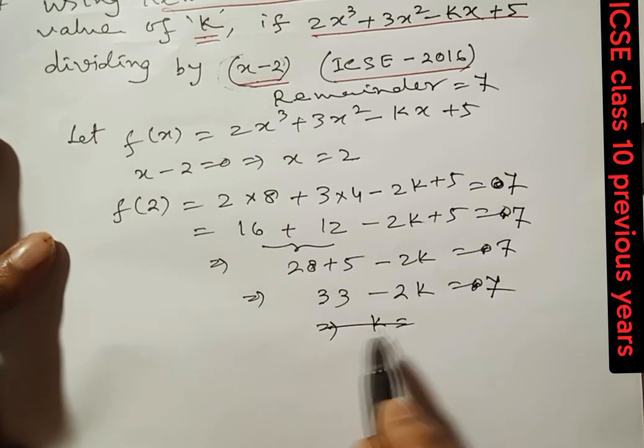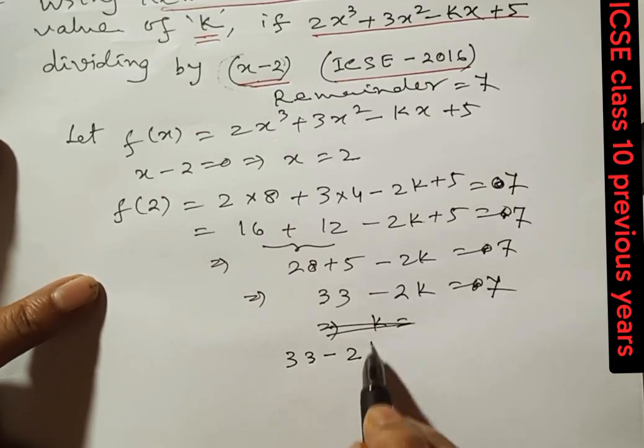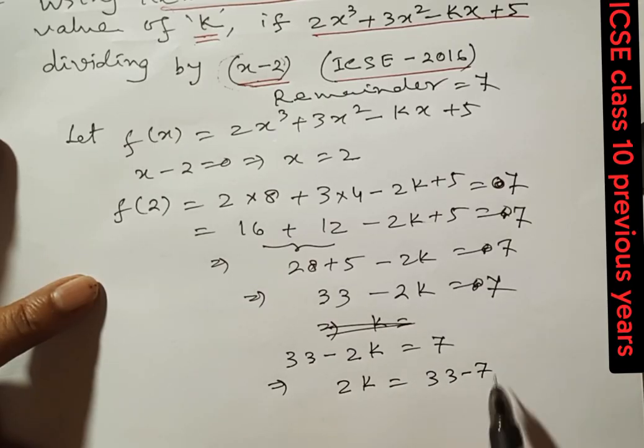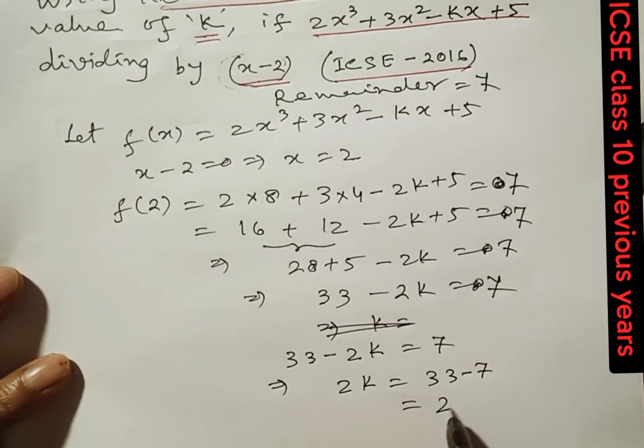So 33 minus 2k equal to 7. Next 2k equal to 33 minus 7. 33 minus 7 means 26. Now k equal to 26 by 2 equal to 13. This is our answer.